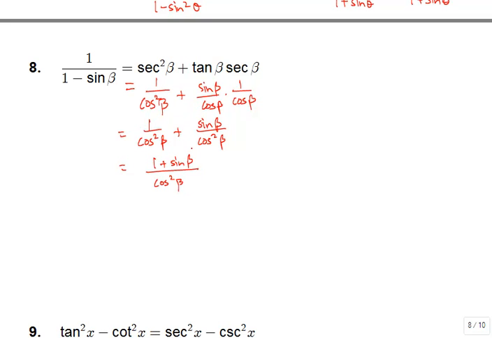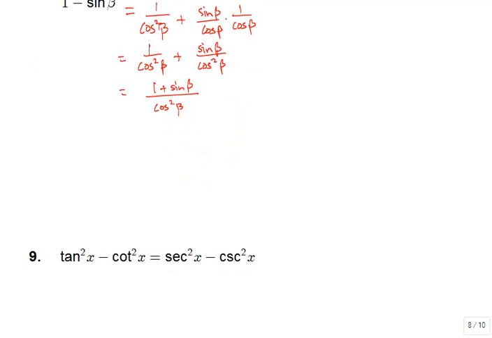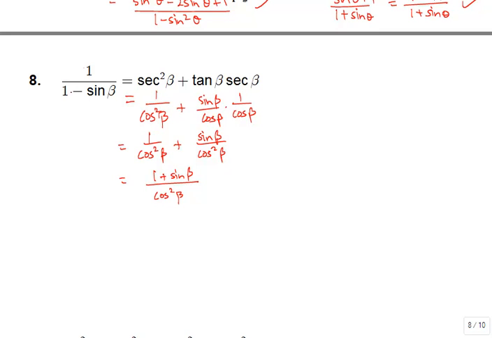This is very, very similar to the last example. At this point, what we're going to do, since I only have sines in my left side, let's go ahead and change this cosine squared into a 1 minus sine squared beta. And as I said, this is very, very similar to the last problem.